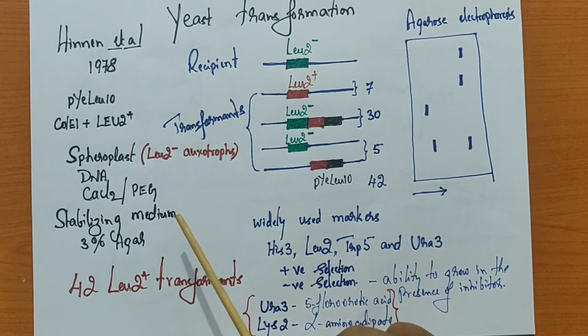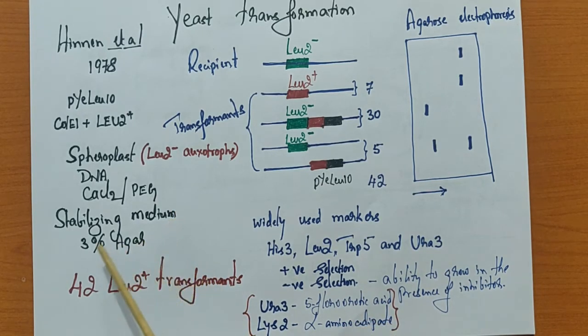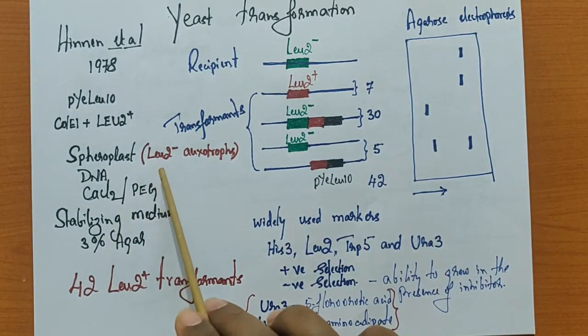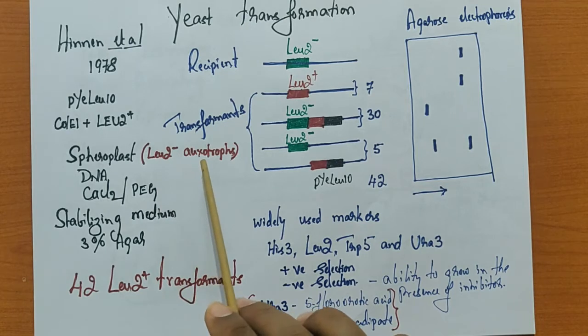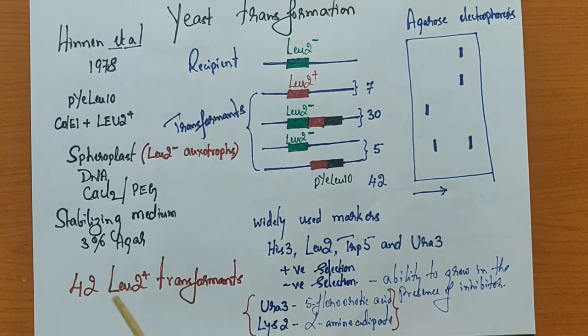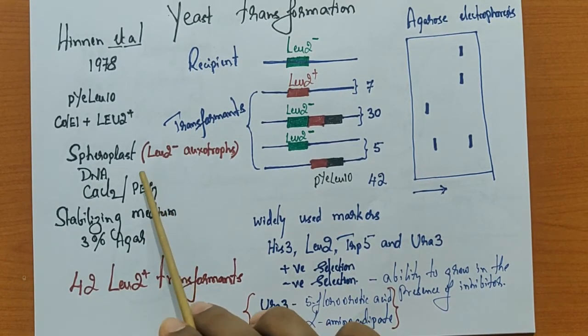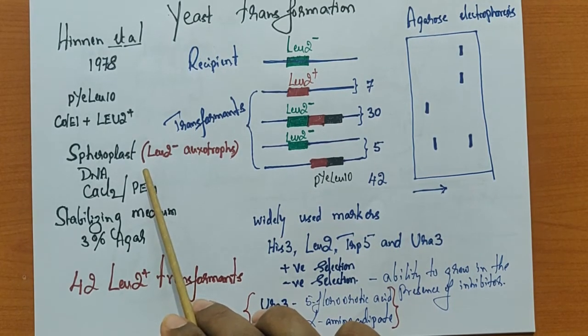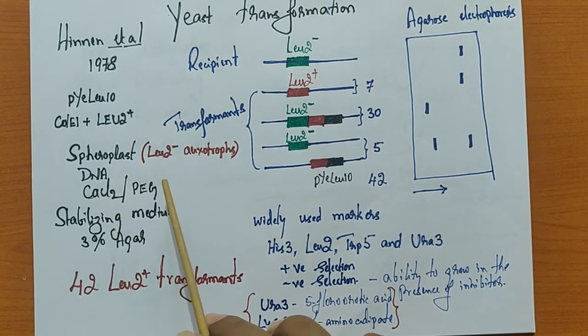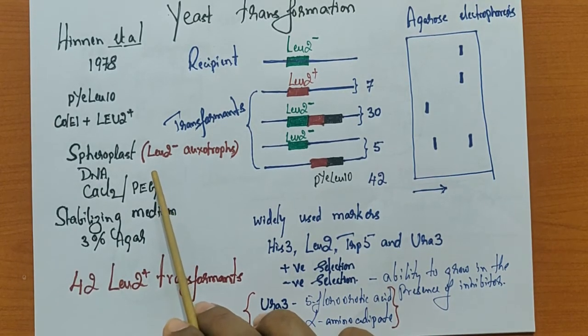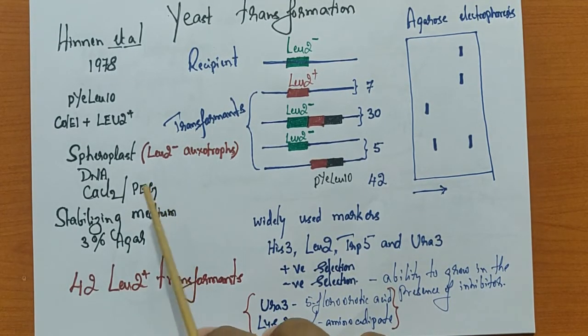After the transformation, they stabilized the entire process in a stabilizing medium containing 3% agar. So this was a random experiment. Usually LEU2 minus auxotrophs do not grow in a medium which lacks leucine, because leucine is very important for the growth of this yeast auxotroph. So you grow them in a medium devoid of the amino acid leucine.